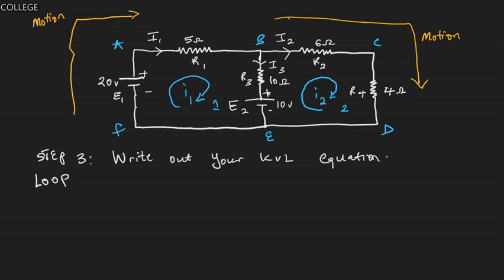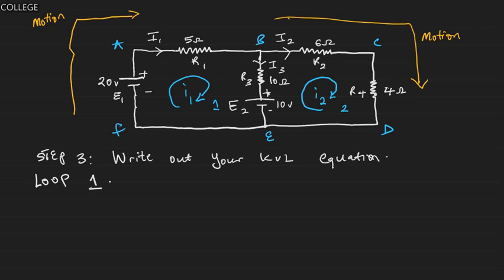Let's start with loop 1. As we agreed earlier, the direction of motion is clockwise and our loop current is also clockwise. Now let's take the components of the circuit one after the other, starting with the EMF, the 20-volt battery.